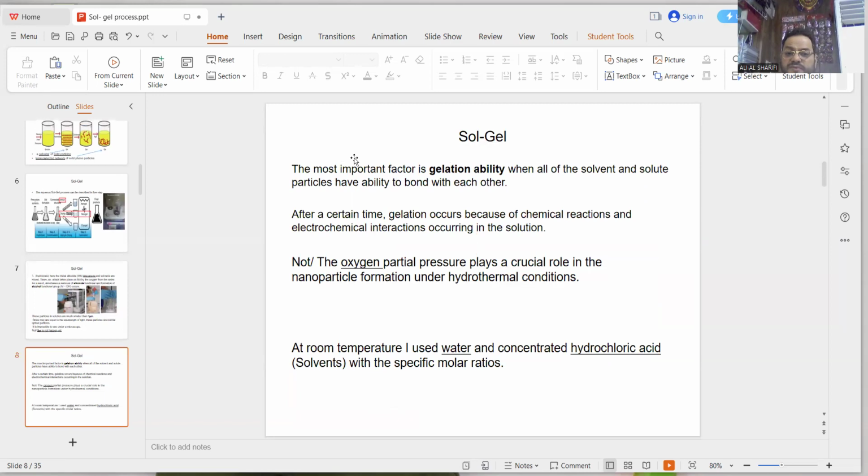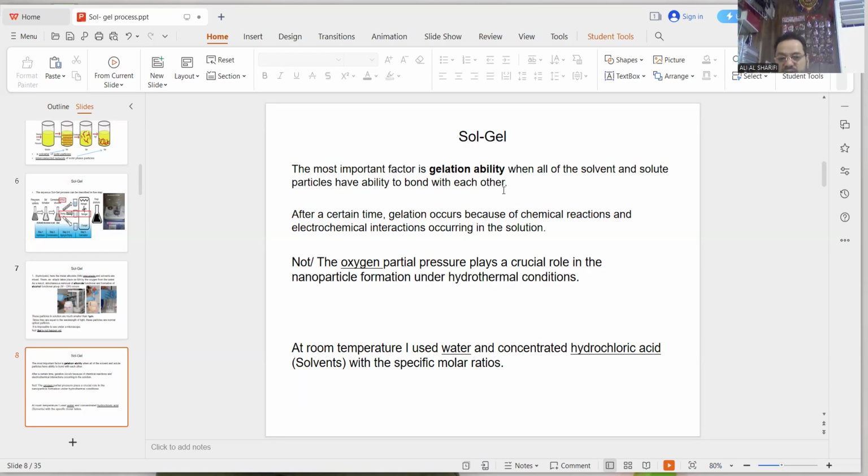The most important factor is gelation ability, when all of the solvents and solute particles have the ability to bond with each other to have new chemical bonds, a new chemical compound.